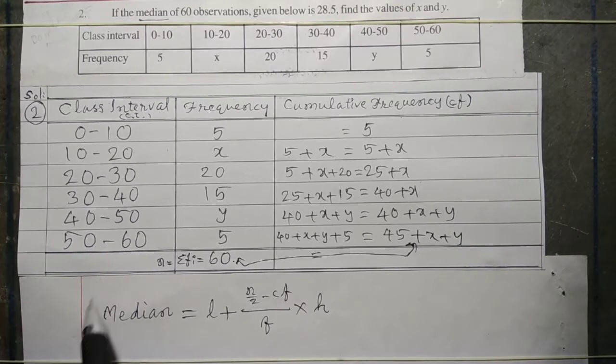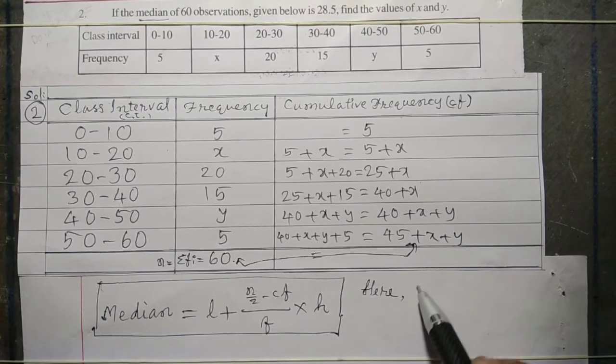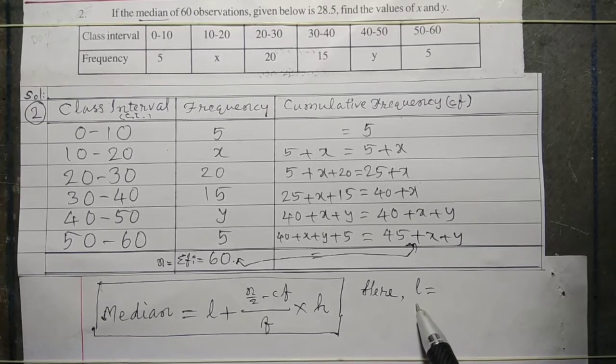This is the formula to find the median. In this formula, here we have to know all these terms: L, n by 2, CF, small f and h.